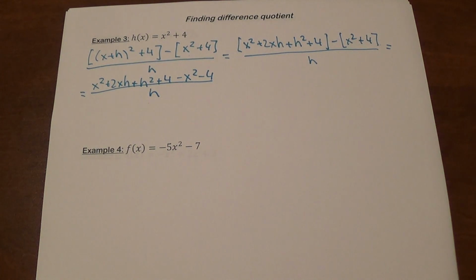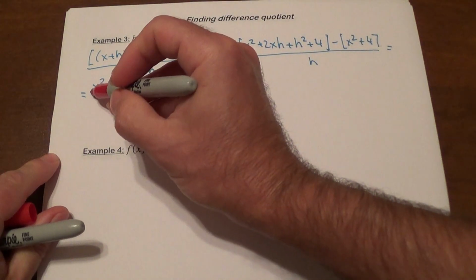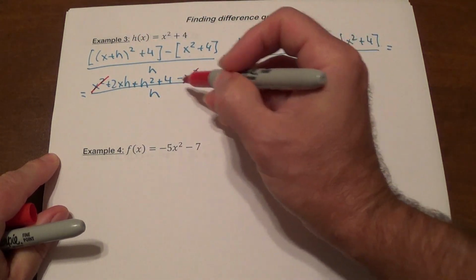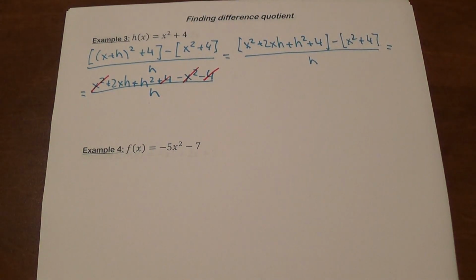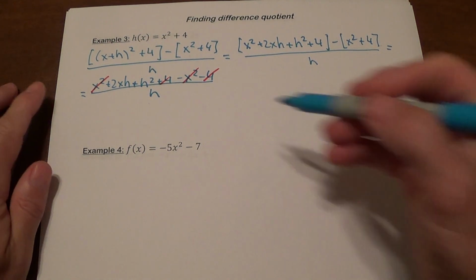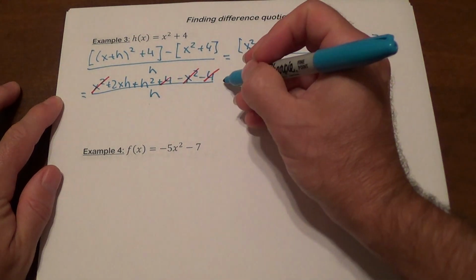Let's take a look at the terms. We have x squared and negative x squared, those cancel. We have 4 and 4, those cancel. And what I mentioned earlier is that once you simplify the numerator, the only terms that you're supposed to see there are going to be terms containing at least one h, and that's the case.